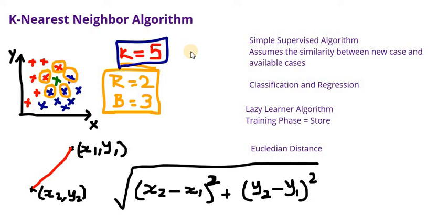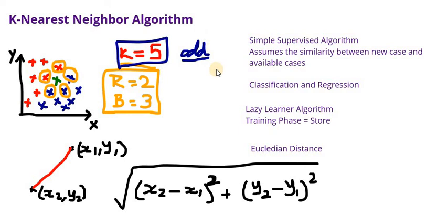And one more important condition in assuming this value of k is that k should be an odd number. It should not be a multiple of 2. Why do you need to have k as an odd number?